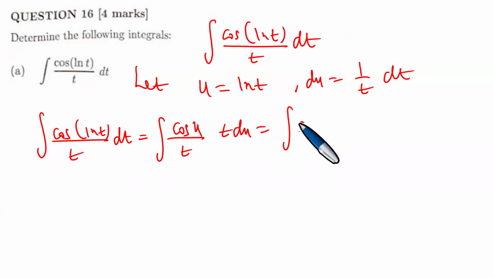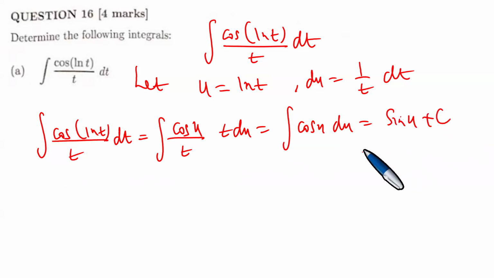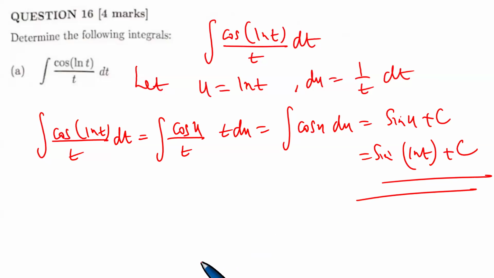The t cancels, giving us exactly cosine u du, which is the sine of u plus c, which is actually the sine of ln t plus c. So the answer becomes exactly the sine of ln t plus c. So take this into account to make sure you understand these exactly.